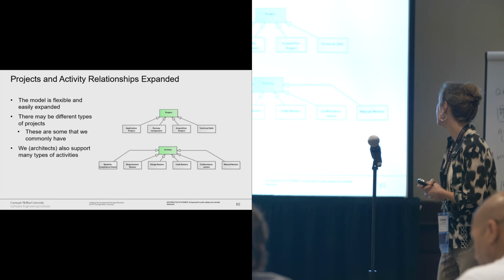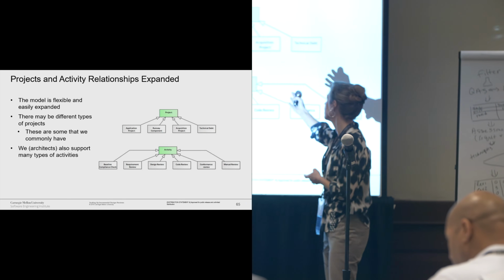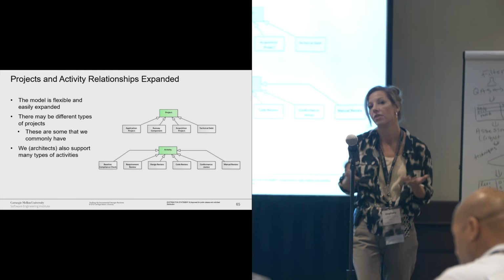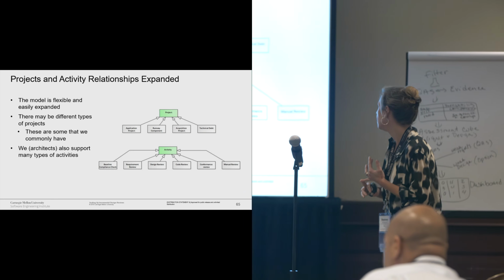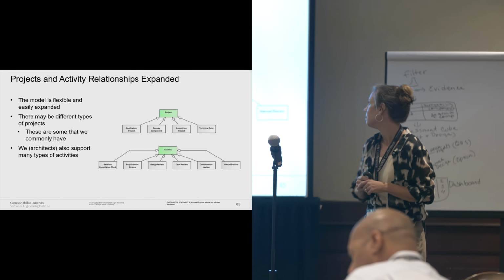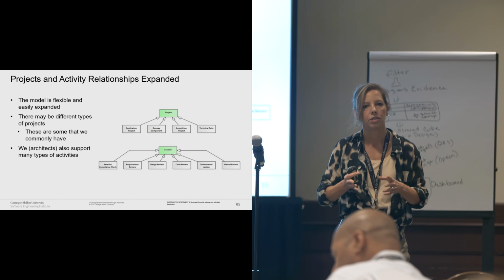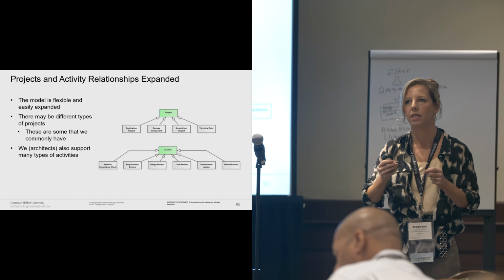Underneath the dashboard, we have inheritance-type relationships where you can add as many types of projects as you want. You might have an application project like application A, B, C, whatever. We also have projects that are runway components. Has anybody heard that term, runway component?